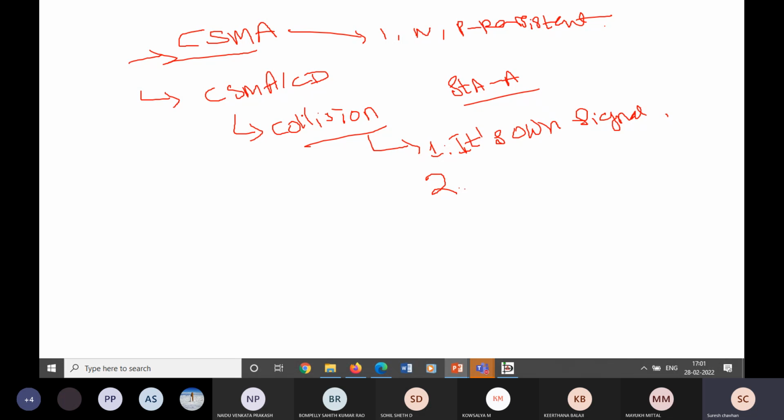And as we are saying there is a collision in the channel or the carrier, there must be one more signal, and that signal is the signal transmitted by the second station.